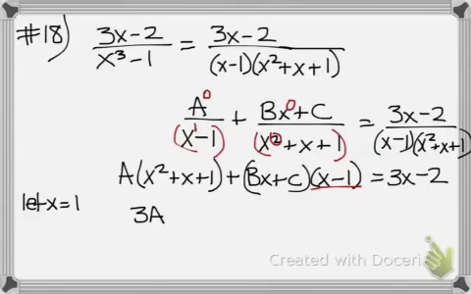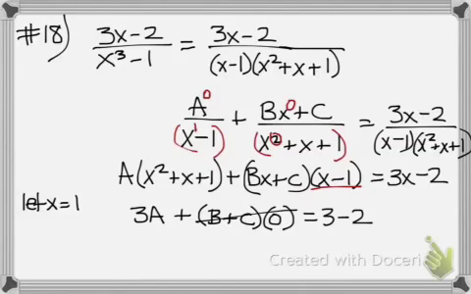And then B times 1 is B, plus C times 0, because 1 minus 1 is 0, so that's just going to cancel out, and then 3 times 1 minus 2. So what we really end up with is 3A equals 1, or in other words, A equals 1/3.